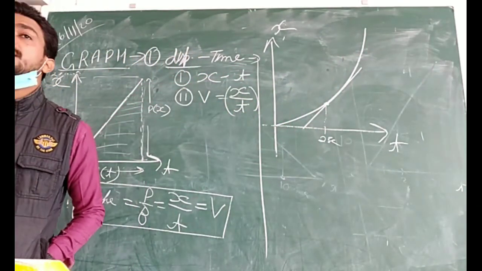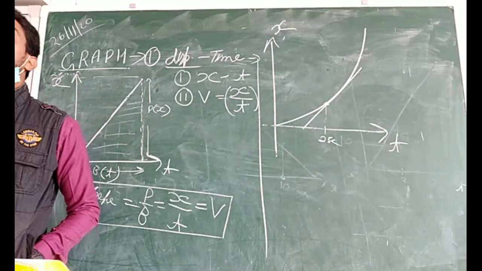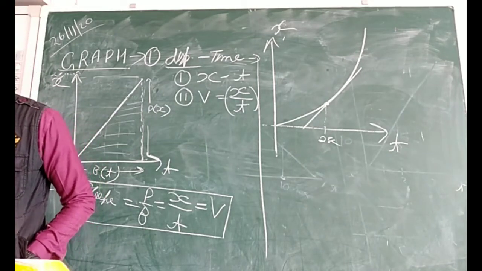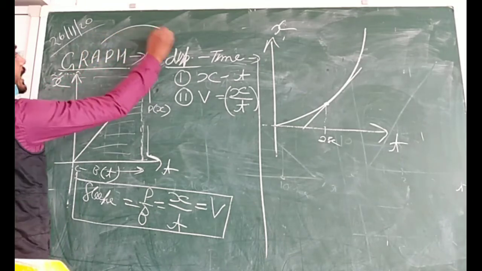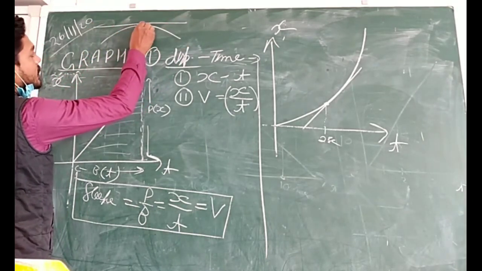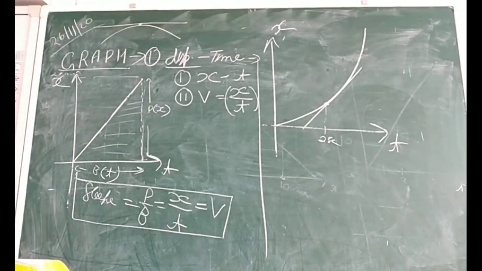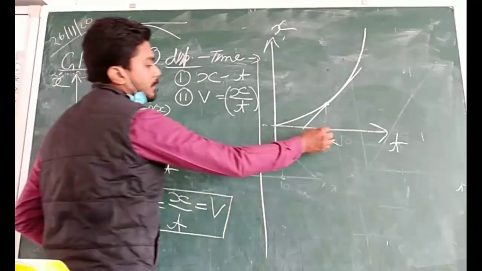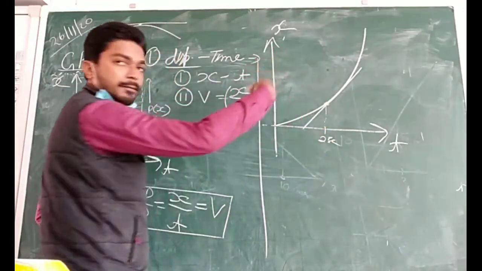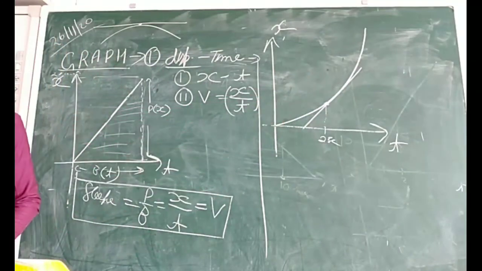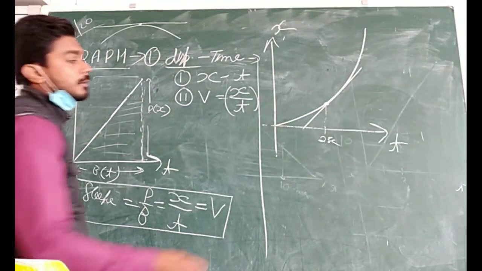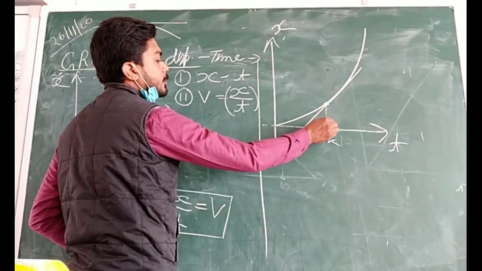In geometry, this touching line is called tangent. Remember, whenever you draw a line on a curve which just touches it, this touching line is called tangent. First of all find the position on that graph and draw a tangent passing through that point. And then from this tangent you can find the slope.